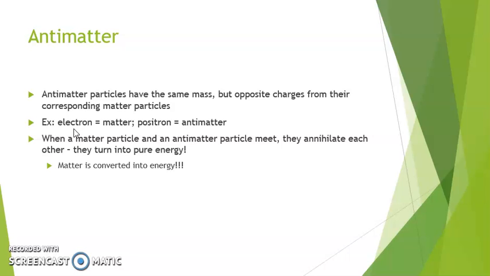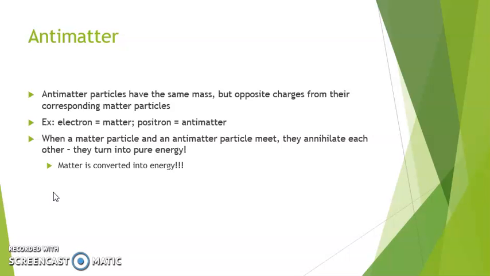An anti-electron, also commonly called a positron, is antimatter. It will have the same mass as the electron, but instead of having a -1 charge, it has a +1 charge. When matter and antimatter meet, they completely destroy each other and turn into pure energy.